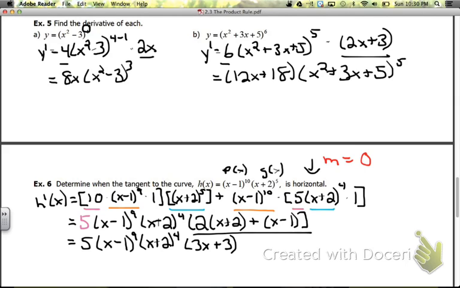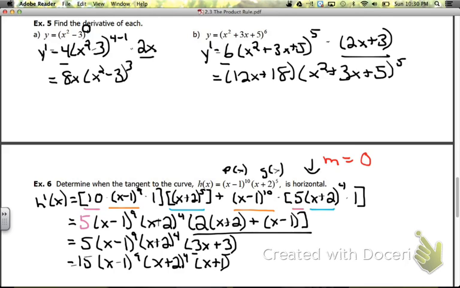And then I can factor out a 3 from here, and it's going to be 3 times 5, so I'll have 15(x-1)^9 (x+2)^4 (x+1).